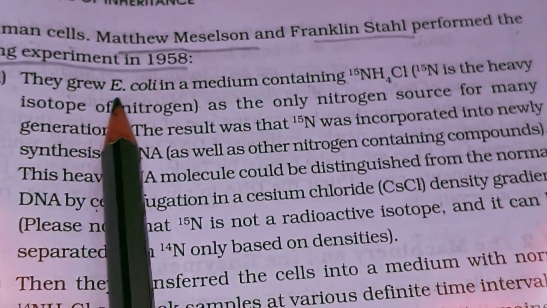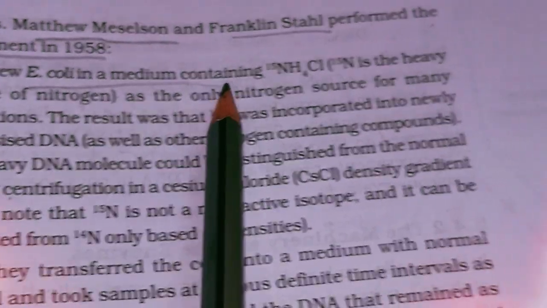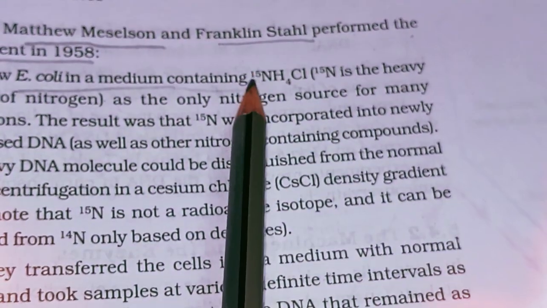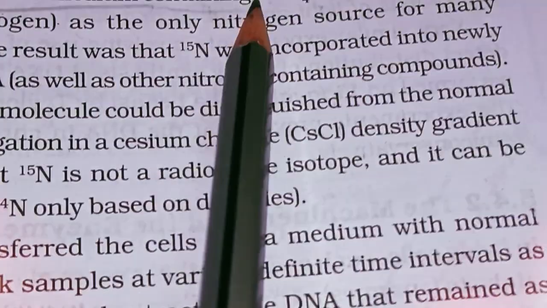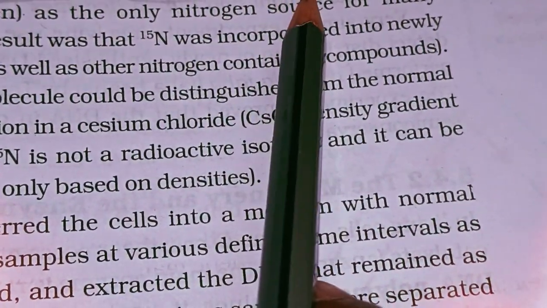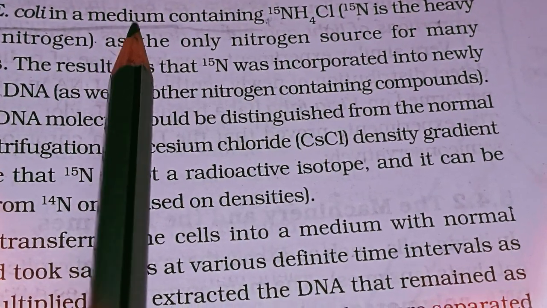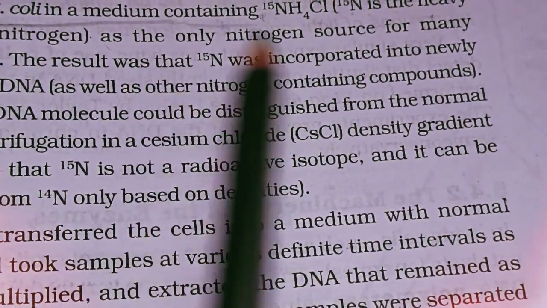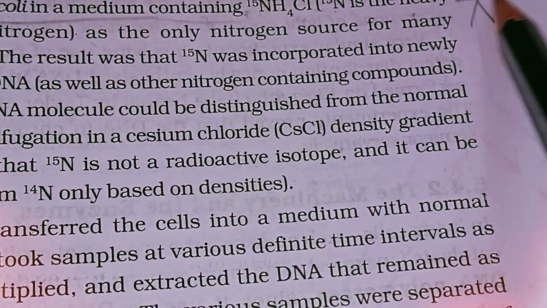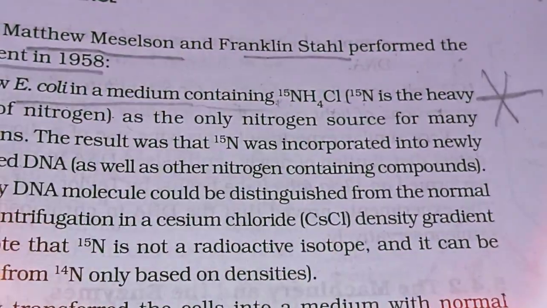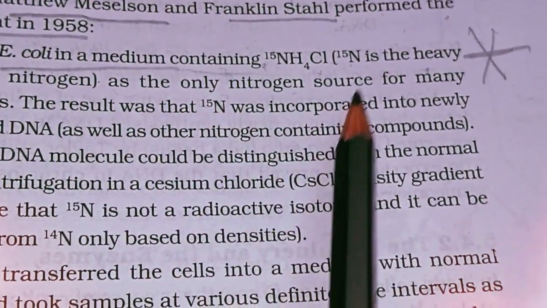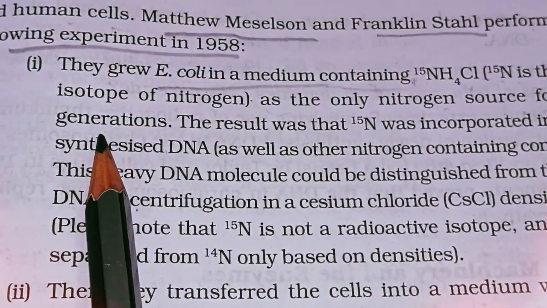They grew E. coli in a medium containing 15NH4Cl. 15N is the heavy isotope of nitrogen, as the only nitrogen source for many generations.